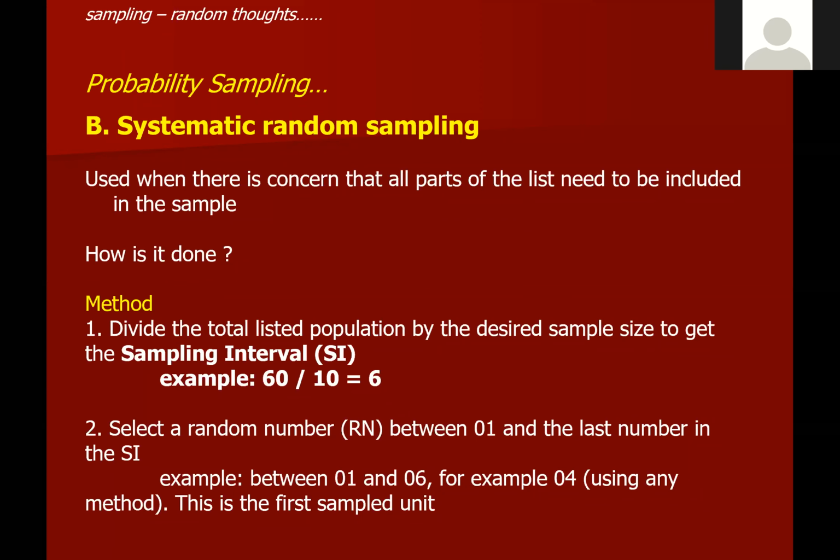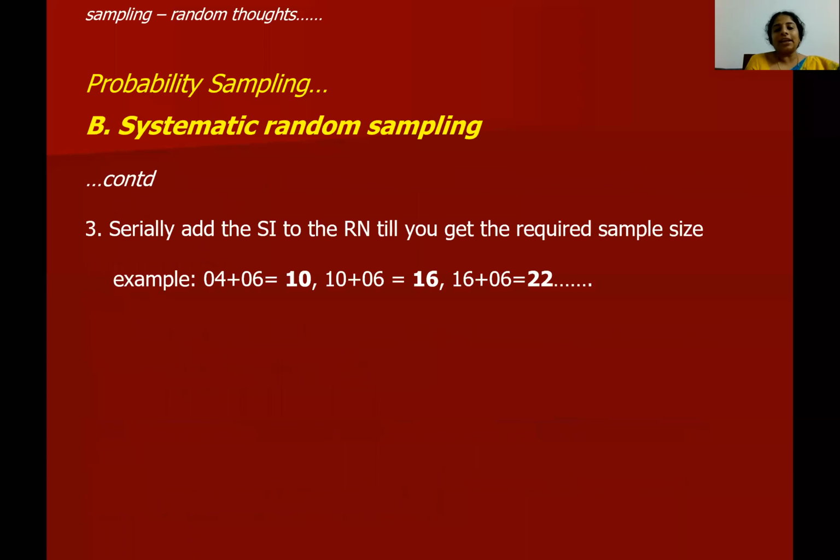Now I select randomly a number between 1 and 6. So I got 4. Any method, lottery or random number generator. So I selected 4. So this is the first sample unit. The first person to be selected is rank number 4. Then I keep adding 6 to this. 4 plus 6 is 10. 10 plus 6 is 16. Then I add the sampling interval.